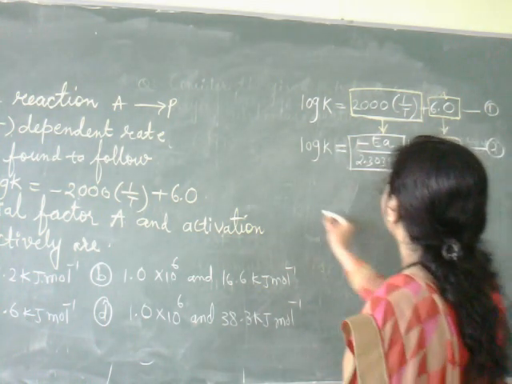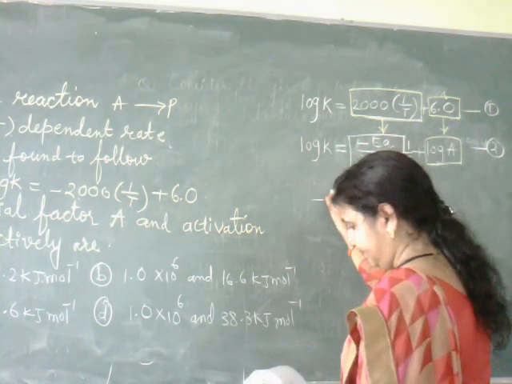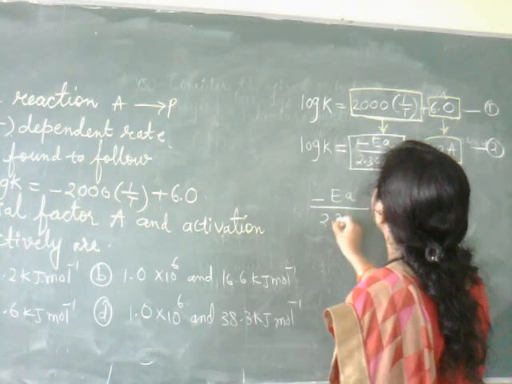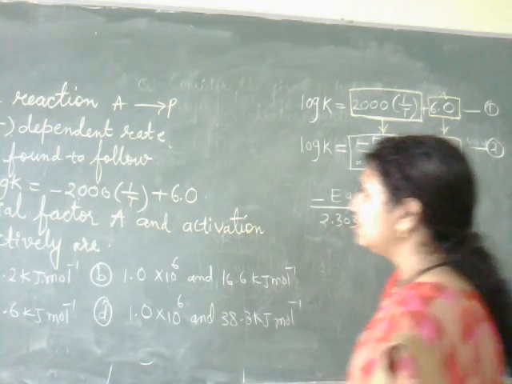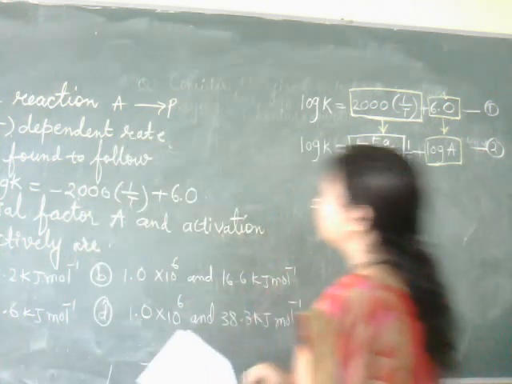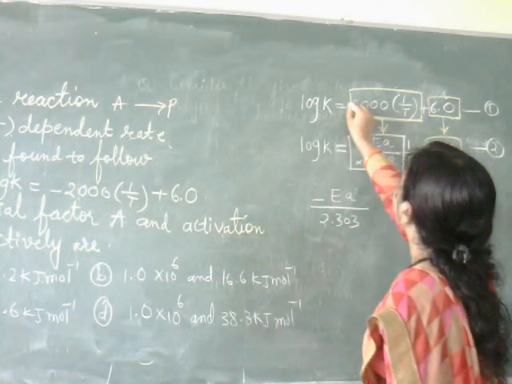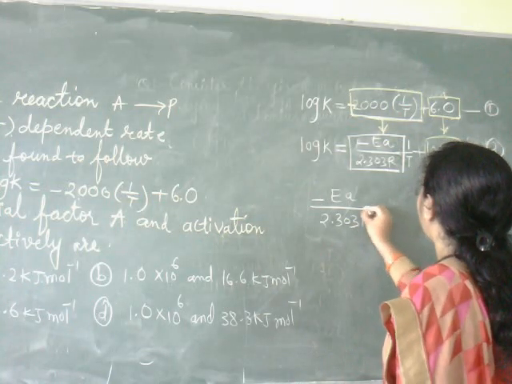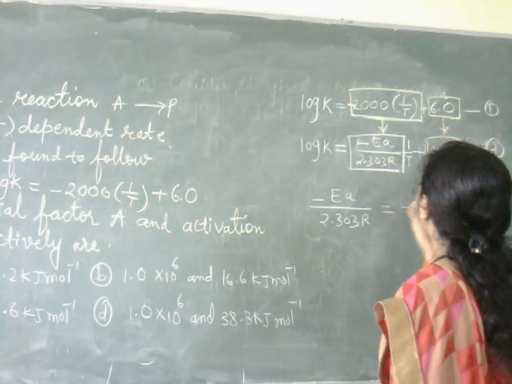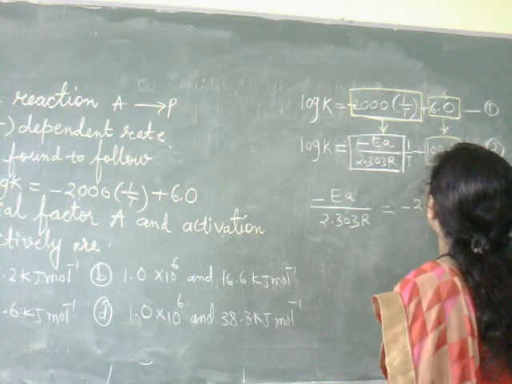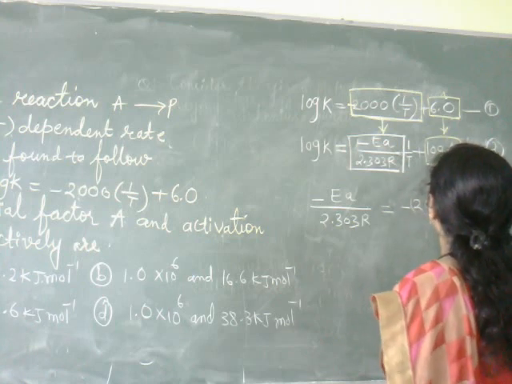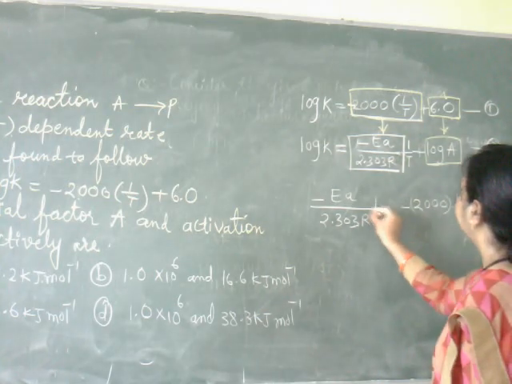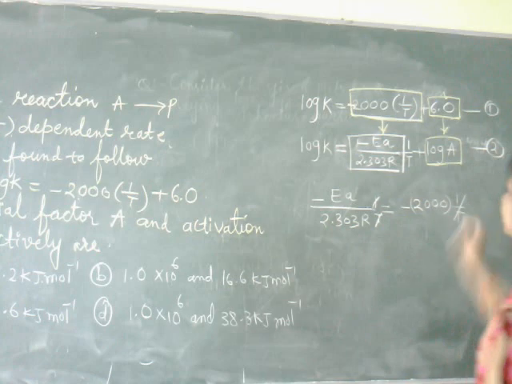What we will get here? This is minus Ea by 2.303R. This is minus 2000 1 by T. Okay. So this 1 by T, 1 by T here is cancelled out.